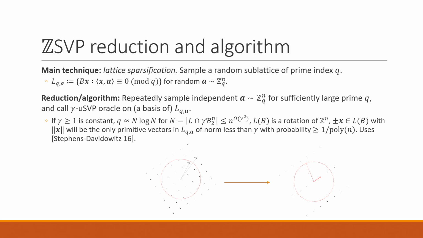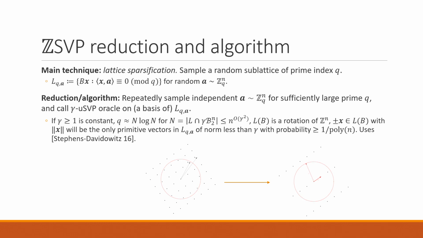If you see what's in this picture, on the right, this shows a success. We keep one shortest vector, the short red vector there, and we delete all other vectors inside this red circle that are linearly independent of it. This turns out to be an instance of, say, 2 unique SVP, which is what we need.